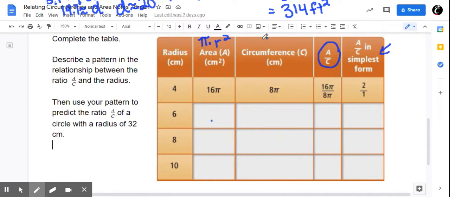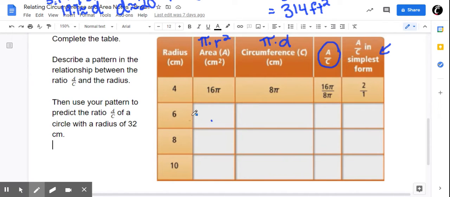And then our circumference is pi times diameter. Now we have radius over here with 4, so I'm just going to double that. 4 times 2 is 8, so 8 pi is our circumference. And then we're going to write it as a ratio here. So I'm going to put area on top, 16 pi over 8 pi. And then if I simplify that, my pi's would cancel out, and I would be left with 16 over 8, which I can simplify to 2 over 1.